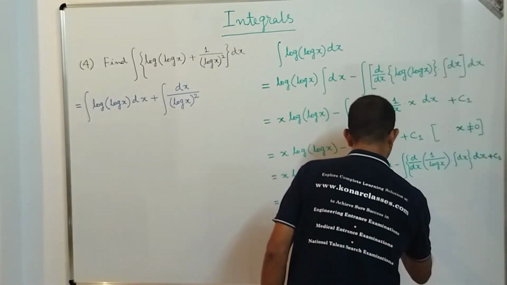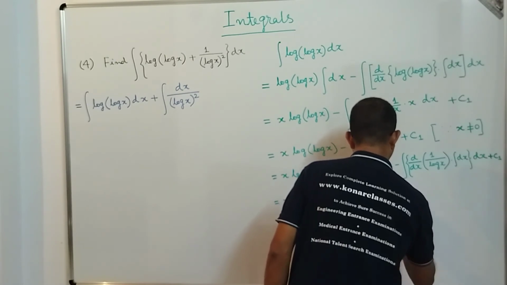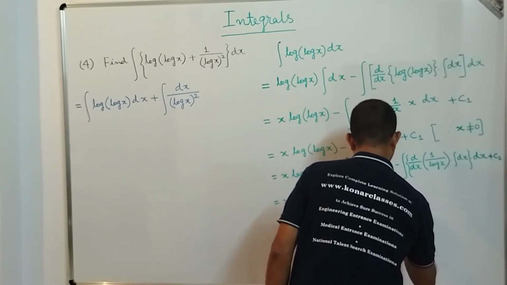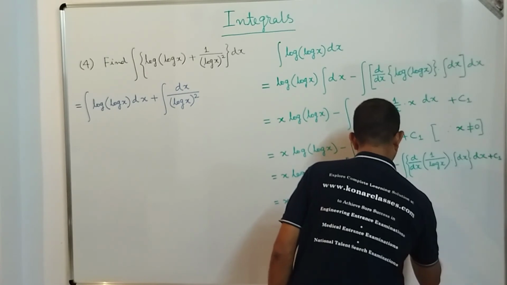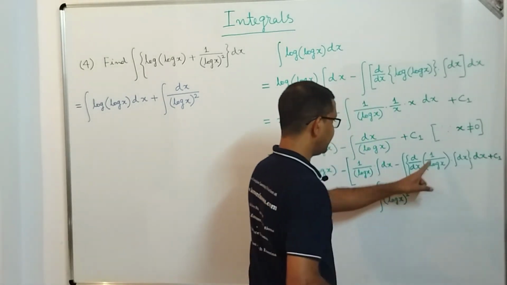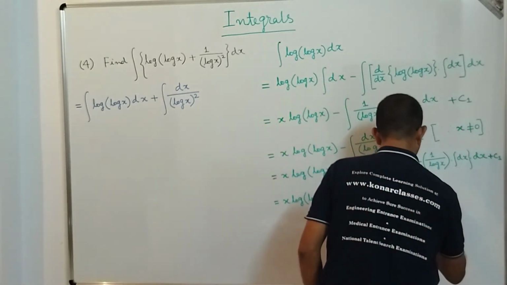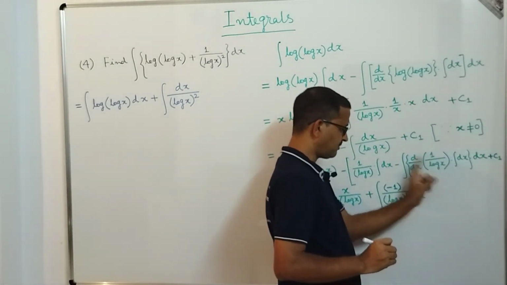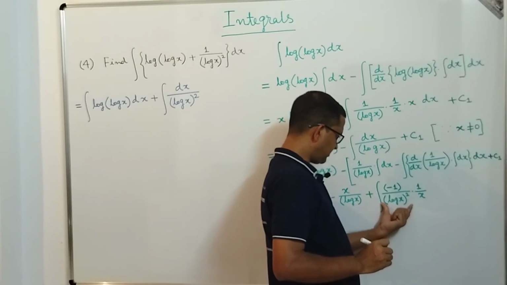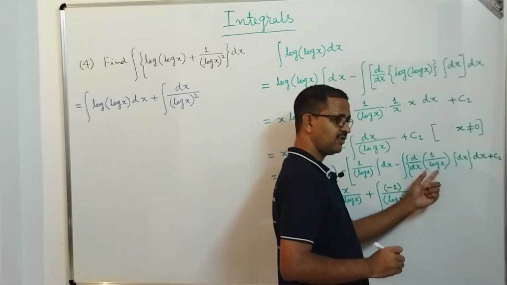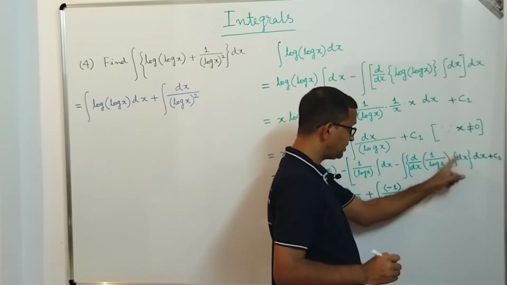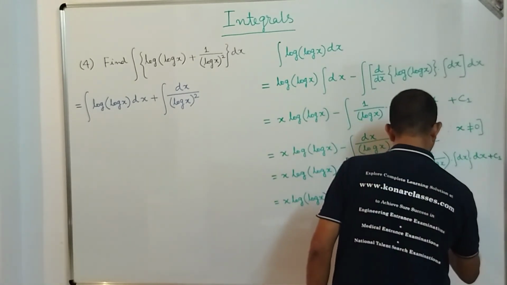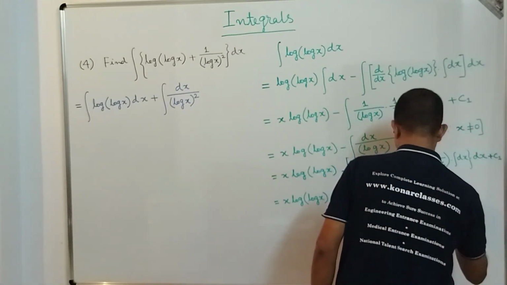So we can write here minus 1 by log x whole square into d/dx of log x, that is 1 by x. If you recall the chain rule, first 1 by log x that we have done, then differentiation of log x, that is 1 by x, into integration dx, that is equal to x and dx.